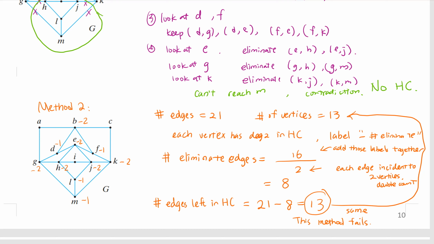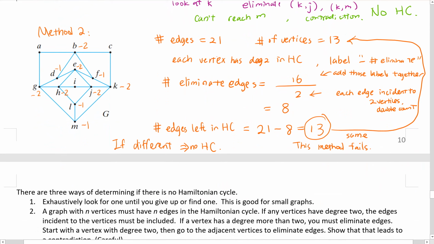But if the numbers are the same, it means there could be one, but this method might fail in this case. But we know that if the numbers are different, we can imply no Hamiltonian cycles. So it's very important to know both of the methods.